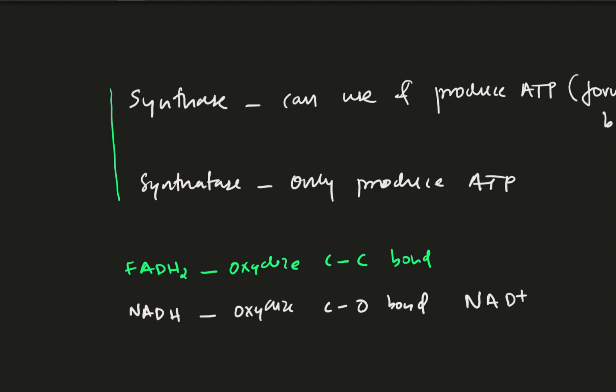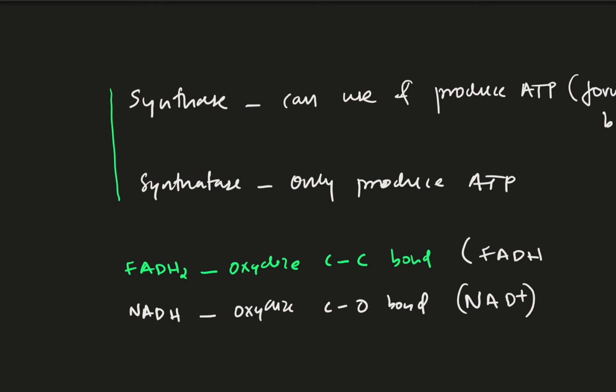NAD plus is the usual form which is present, an oxidized form, and when it takes two electrons it becomes NADH. But this one is present as FAD, and the reduced form is FADH2.